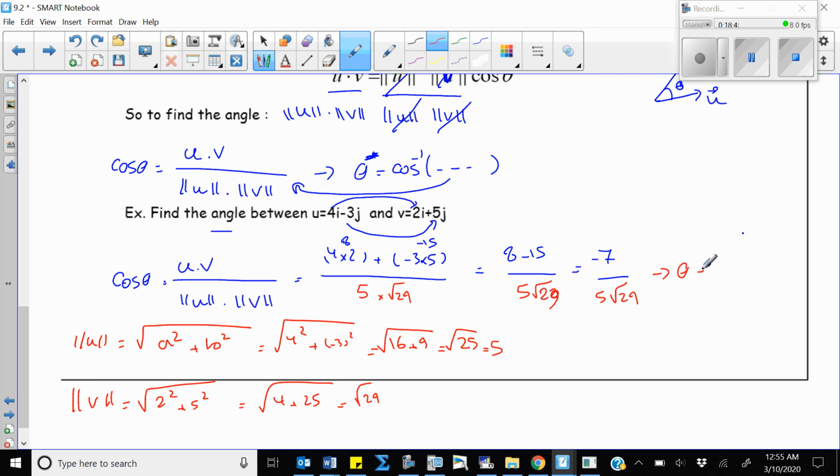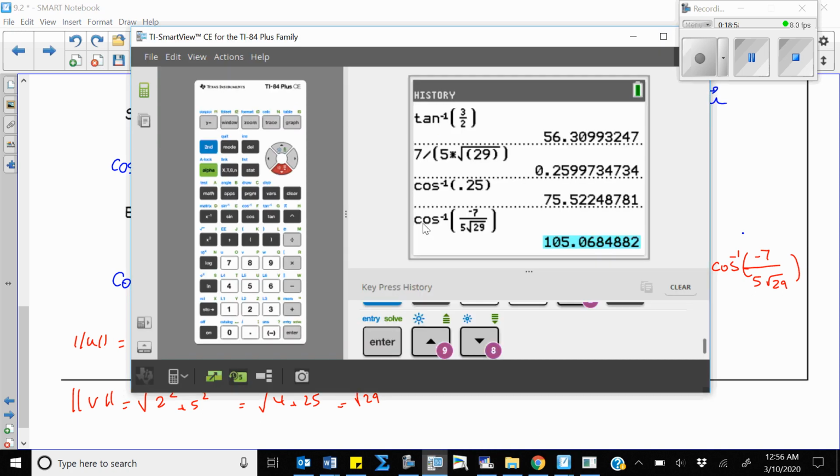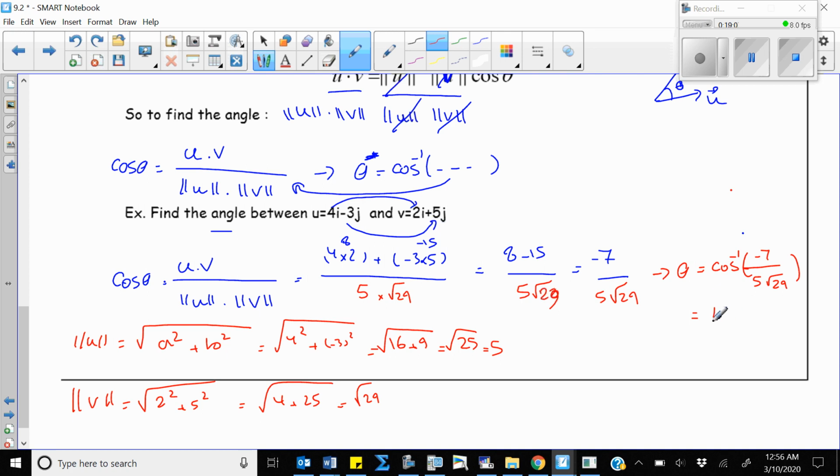Now from here, theta will be cosine inverse of negative 7 over 5 radical 29, and I can use my calculator to find that. Cosine inverse of negative 7 over 5 times radical 29 is 105 point something. So we can round it as just 105 degrees. So the angle between two vectors is 105 degrees.